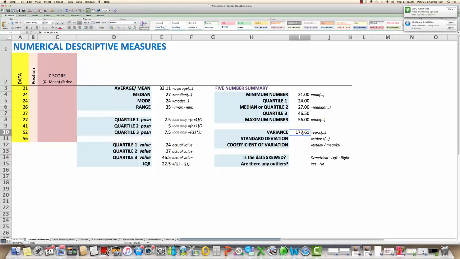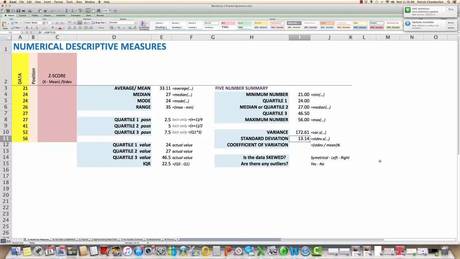Now again, the variance is how spread out your data set is. It's actually a percentage squared, the variance. So it's not an easy thing to interpret. So what you find in most textbooks is they get you to calculate the variance so that you can then calculate the standard deviation, which makes it easier to interpret the spread or dispersion of your data set. And to be honest, the standard deviation is simply the square root of the variance. So you could go equals SQRT for square root and click on the variance and hit enter, and that would give me the standard deviation.